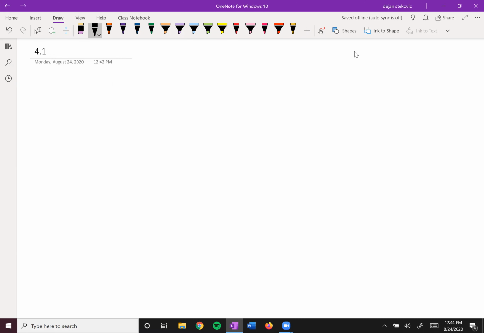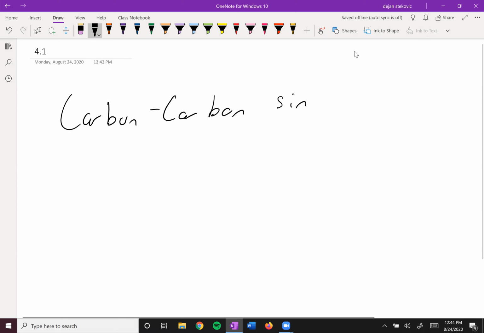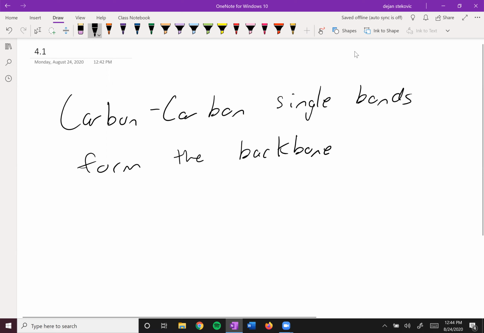All right, so studying organic chemistry, what we'll notice is that carbon-carbon single bonds often form the backbone of organic compounds. However, they're not the only thing.